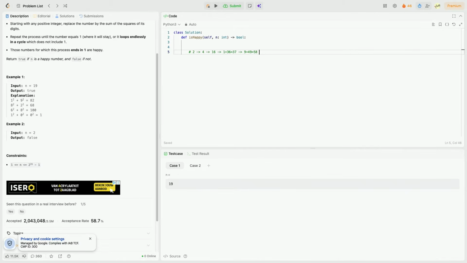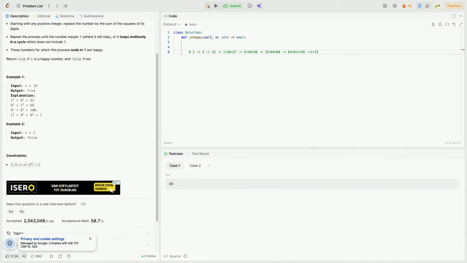Now we continue with, well, what do we have? 25 plus 64, which is equal to 89, right? Taking 89, that becomes 8 times 8, 64, plus 81, which is 145.